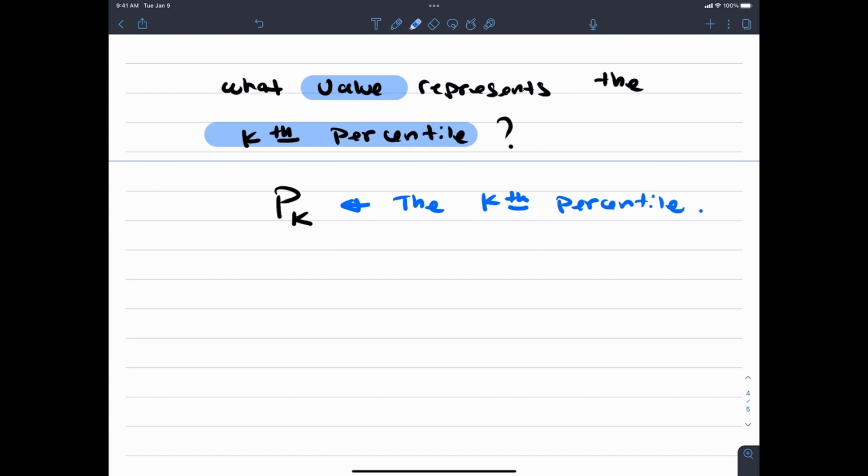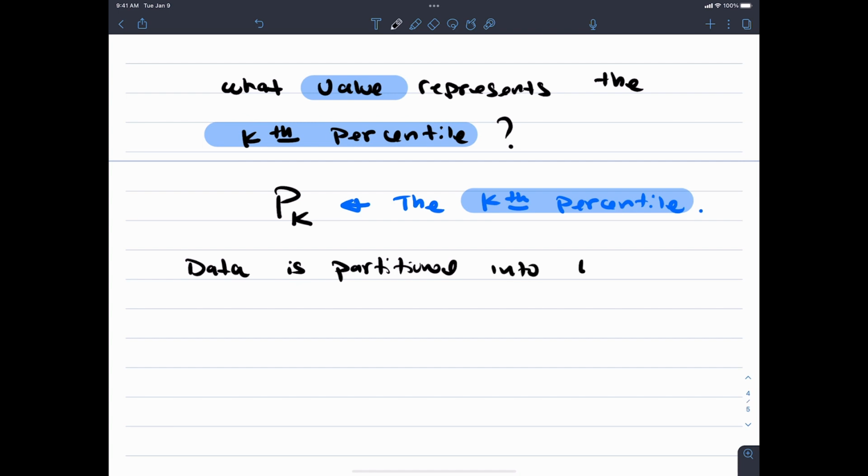That's what they're asking for. And that's what we're going to take a closer look at, because data with this kind of question is partitioned into 100 groups. And those groups are called percentiles.